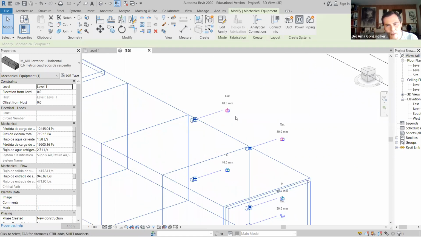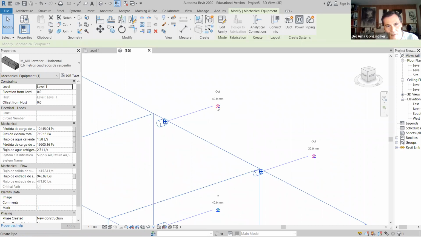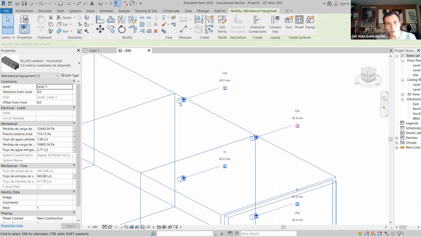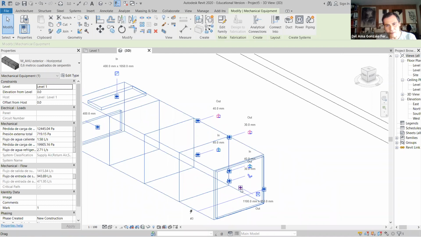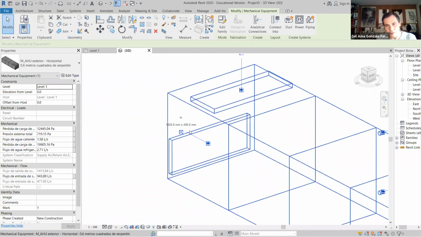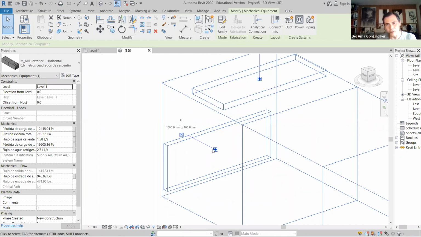So usually when we have something like this, this is water, this is out, this is in. That would be the heating coil or the cooling coil. We have an outlet for water and an inlet for water. And the biggest things here, we have an out, which is the air duct, and this is an intake, which is another air duct.